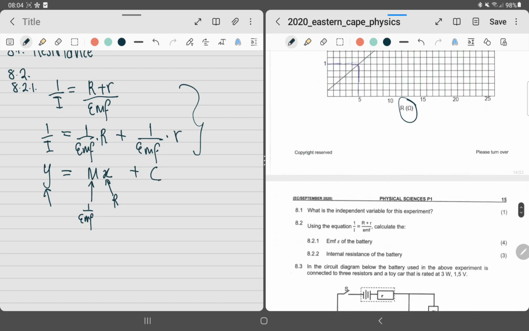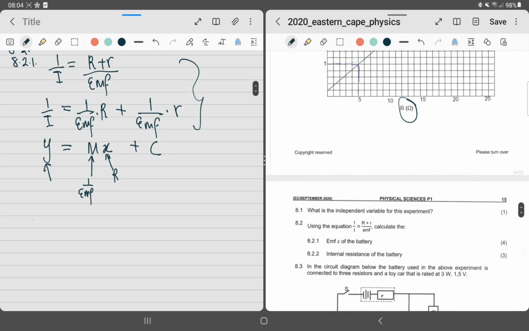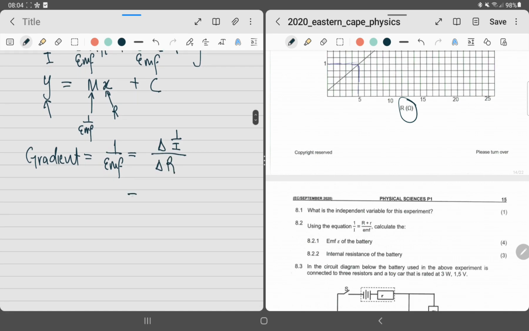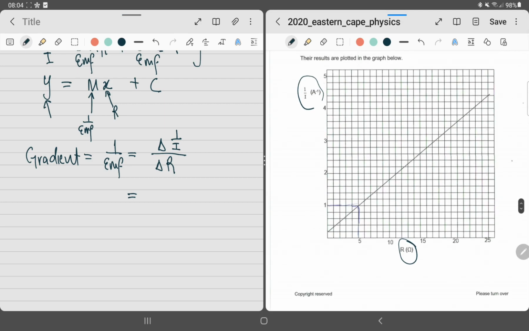So here they are looking for the EMF. So the gradient should be equal to the inverse of the EMF. This is change in 1 over I all over change in resistance. We'll choose any 2 points on the graph.